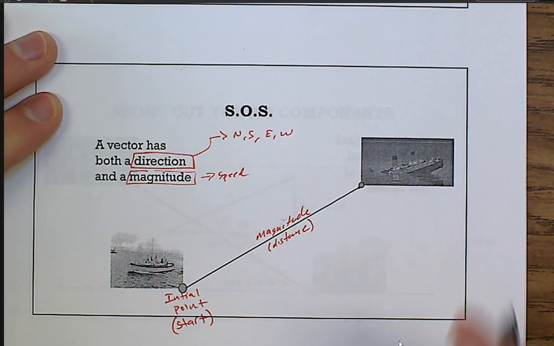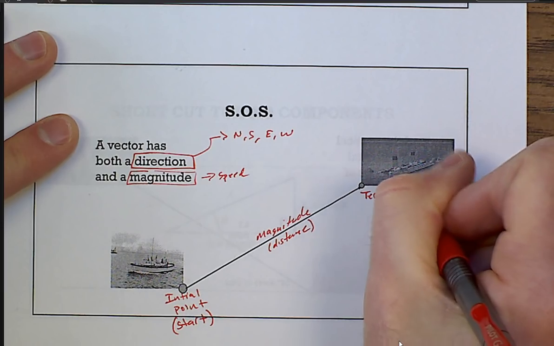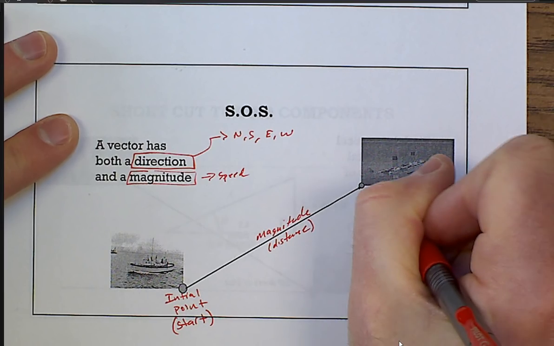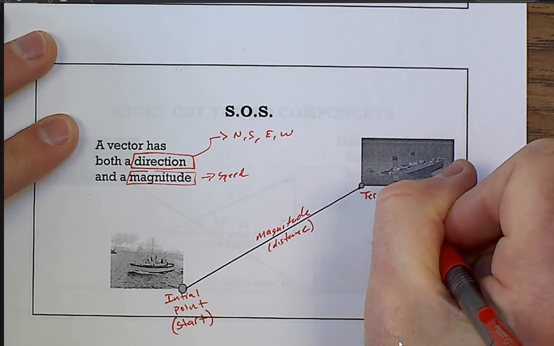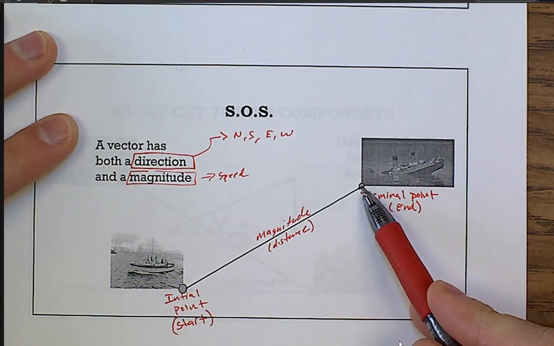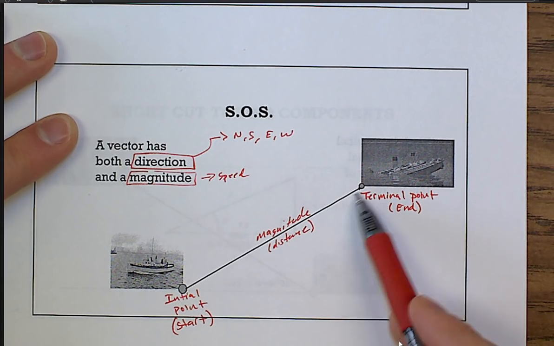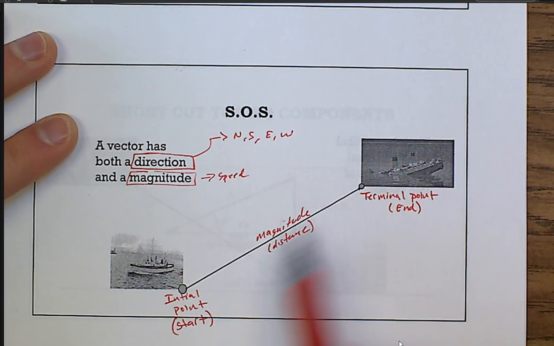And you have what's called the terminal point, and that's where you end, or you finish. And the distance from the initial point to the terminal point is your magnitude. 30 miles an hour. You're traveling along this path for 30 miles an hour.